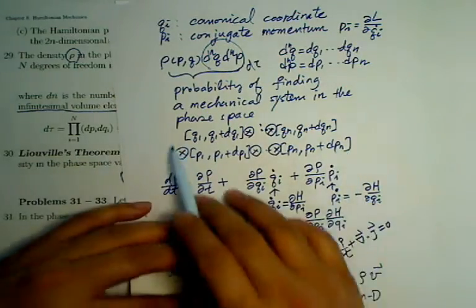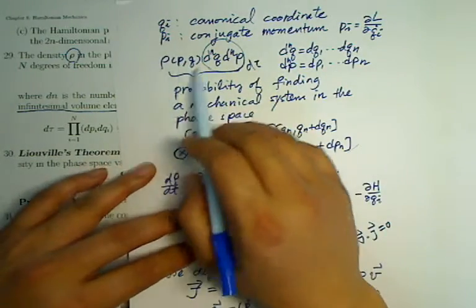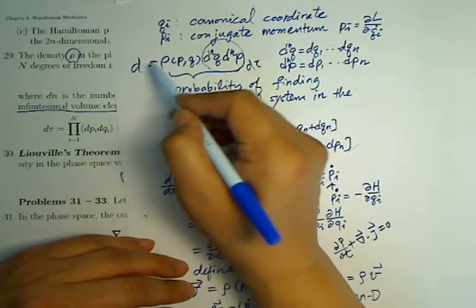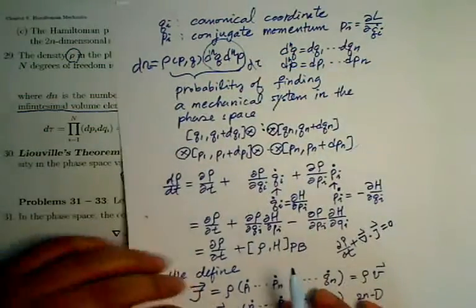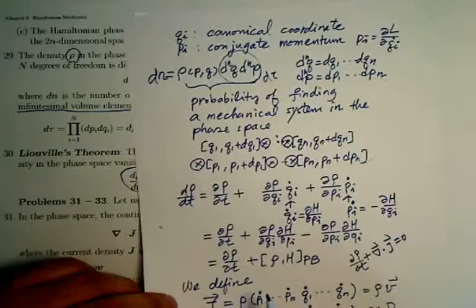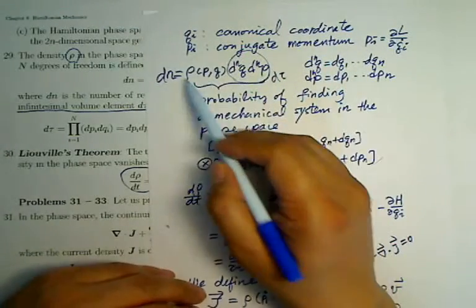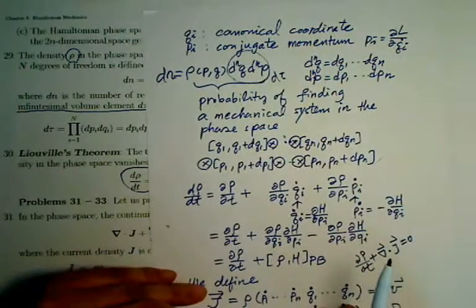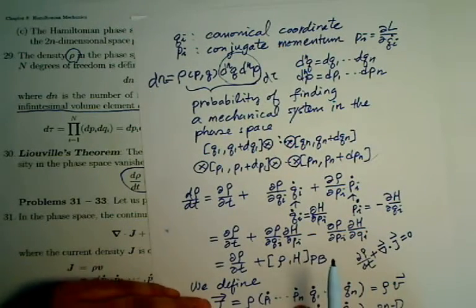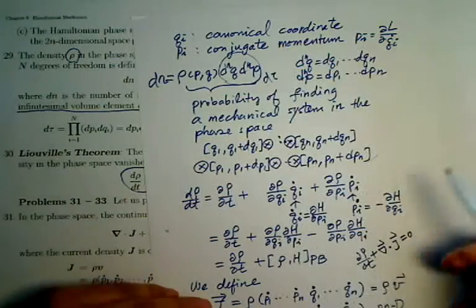So this volume multiplied by rho defines the number of possible mechanical states. So this is the probability density of finding the state within the region. Okay?